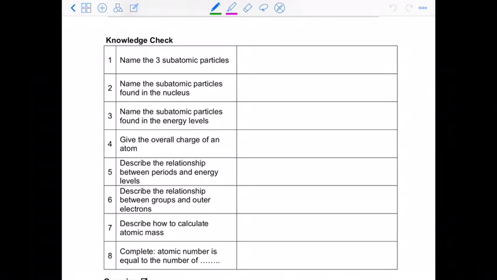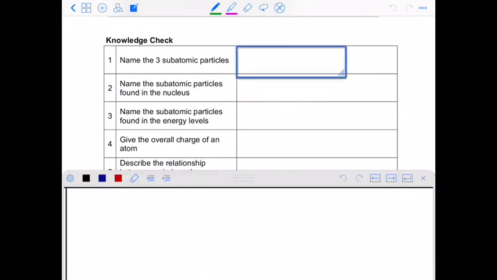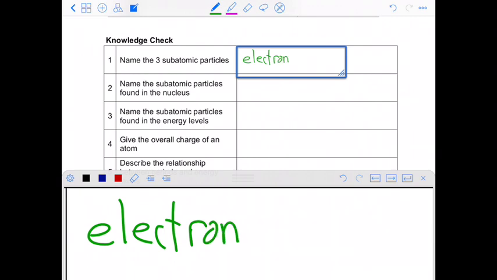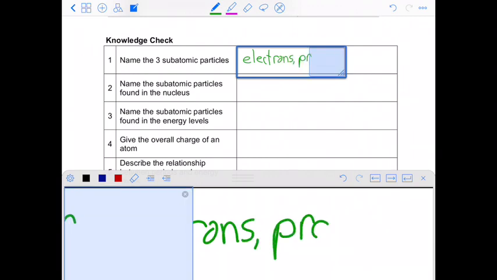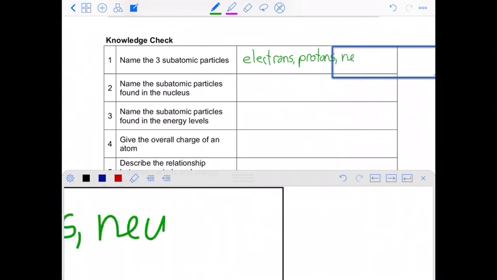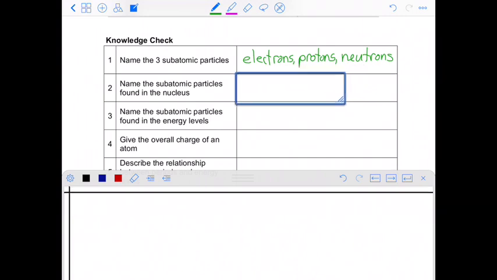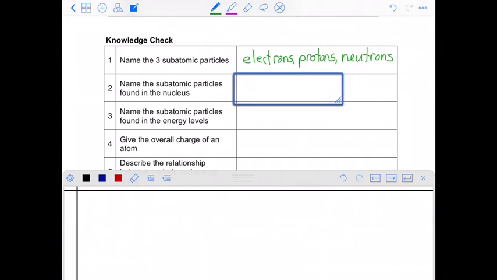So starting with the three subatomic particles, these are the electrons, the protons, and the neutrons. If you have them in a different order, that's fine, but you do need all three of those.